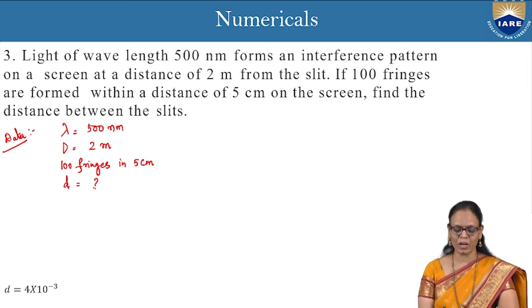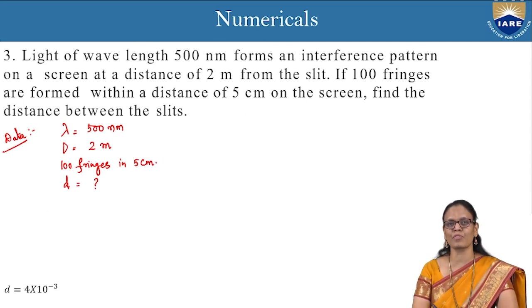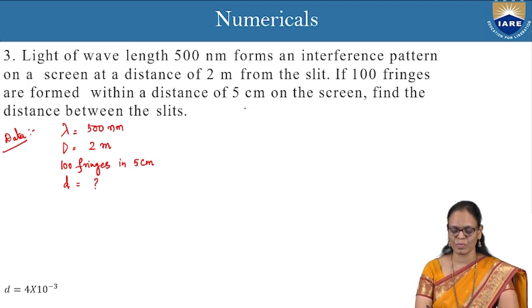Okay. So in order to do the numerical, first we'll try to find beta. If you are having 100 fringes in 5 centimeters, what will be the width of one fringe? So it will be 5 by 100. This is centimeter, I can write it in millimeter also: 50 by 100.